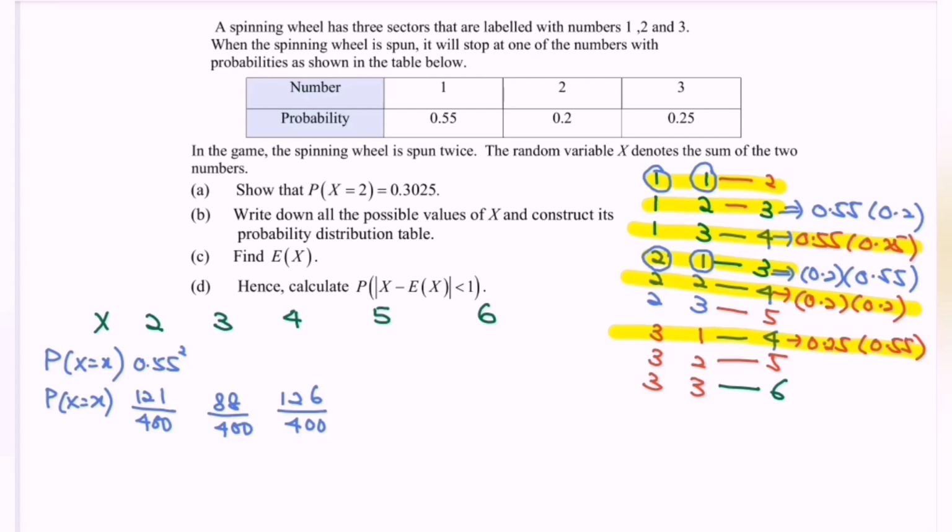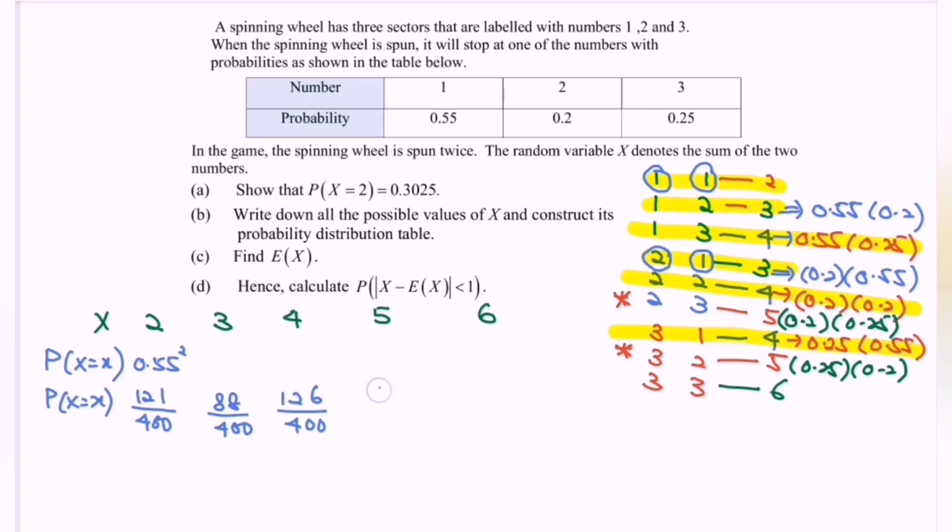Continue with the number 5. For the number 5, we notice that here will be our situation. Referring to the situation, we have 0.2 multiplied with 0.25, and for this case, we have 0.25 multiplied with 0.2. So 0.2 multiplied by 0.25, and then add on the situation.